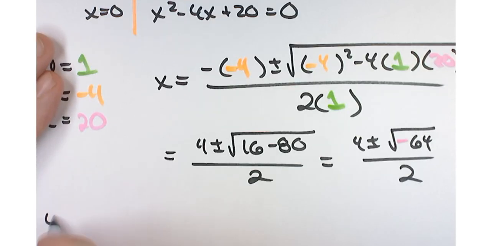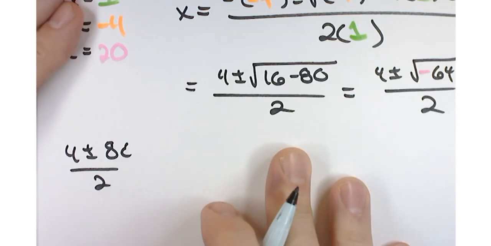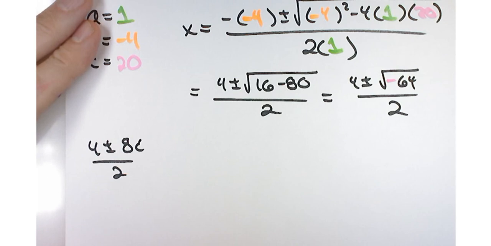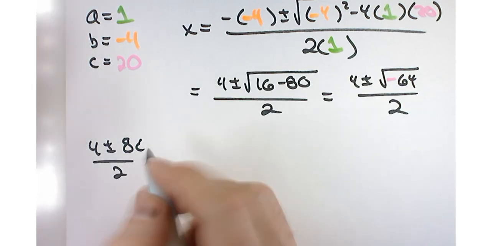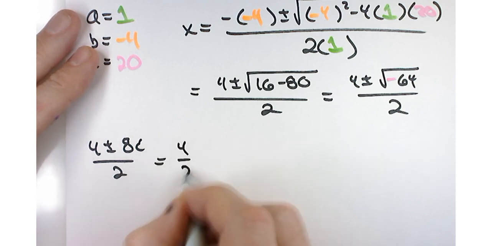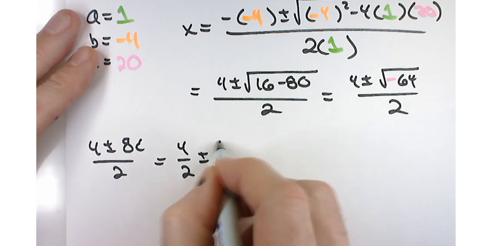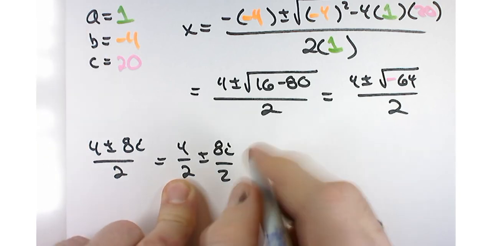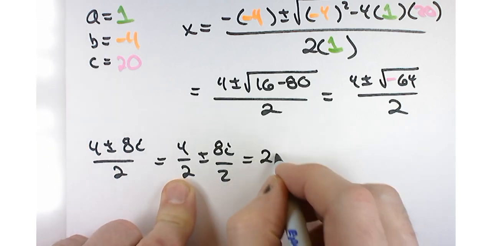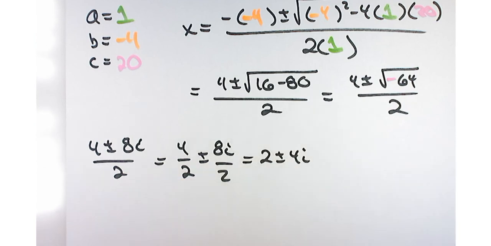So you're going to get 4 plus or minus 8i over 2. Now there's a couple ways you can handle this. I like factoring out a 2 and then canceling. But another way is you could just do 4 over 2 plus or minus 8i over 2. And separating these into two terms is kind of nice. A lot of times if you have a complex number as an answer, that's the way WebAssign wants it, with a positive solution and a negative solution, or an A and a Bi.